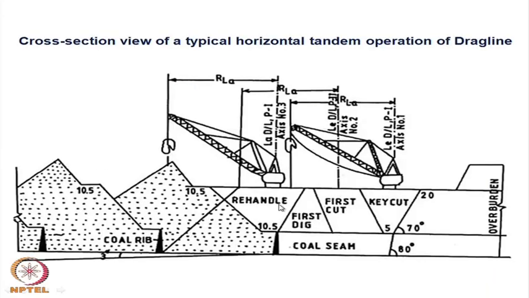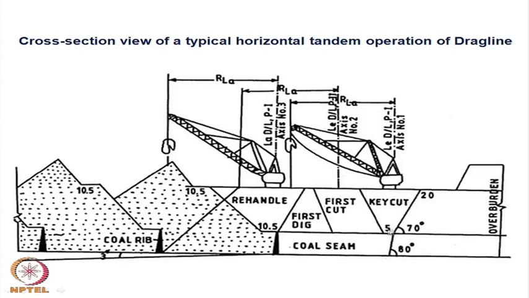Let us see these 2 ways, that is, we have got these 2 draglines, that is horizontal tandem. You can see both the draglines are on the same level. Here some interesting thing you can see, that the first one will give the key cut.